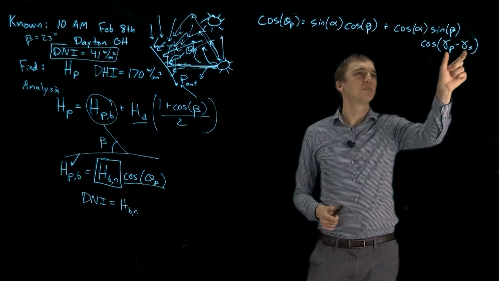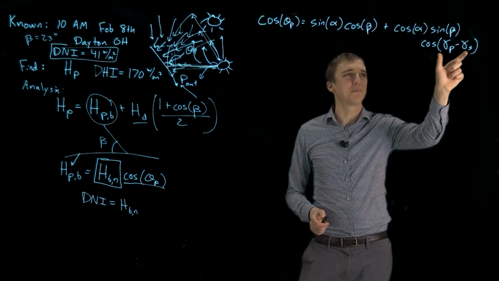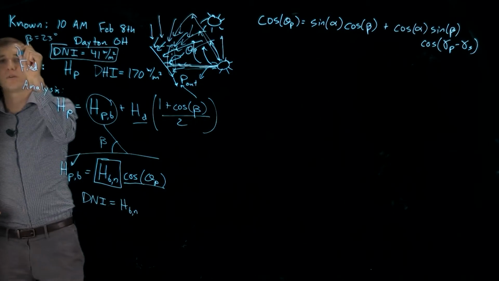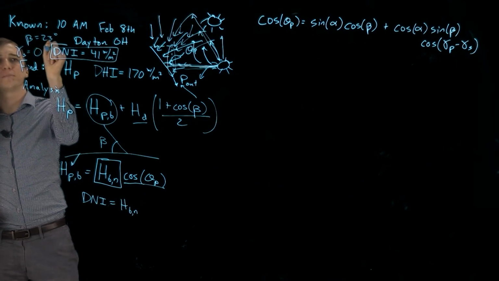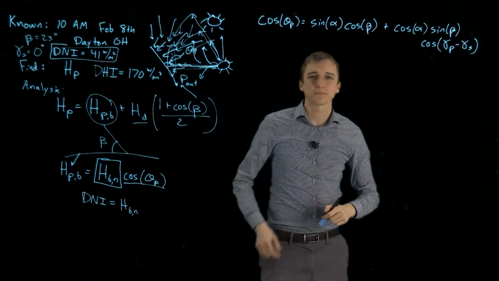You can also do relative to direct north as long as both are relative to the same position. In this problem, our panel is oriented due south, which means our azimuthal angle is 0 degrees.